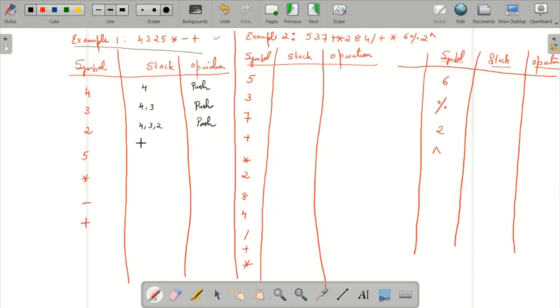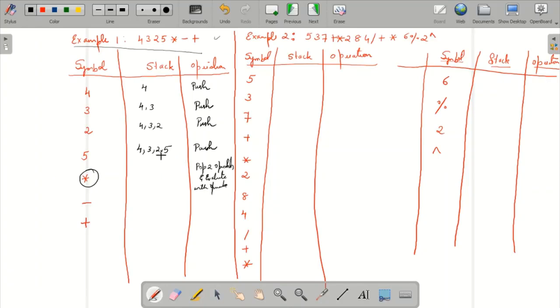New element we are pushing, 4, 3, 2, then again 4, 3, 2, 5. This also is push operation. Now we found multiplication. When we find multiplication, we pop 2 operands and evaluate with operator.